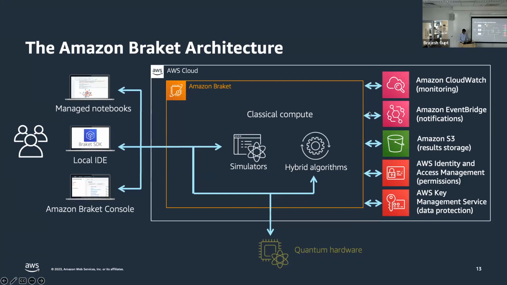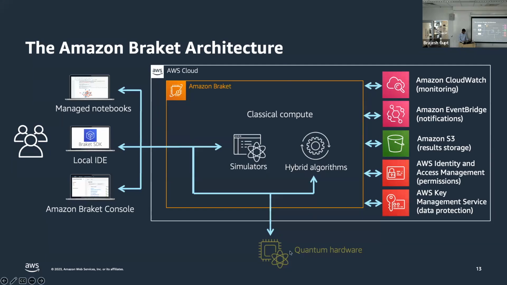Amazon Braket itself, within the cloud, is basically based on classical compute, right? Which has managed simulators to simulate different kinds of quantum circuits, and also a capacity for hybrid algorithms where you can initiate a job instance that can efficiently use the classical and quantum resources to employ a hybrid quantum classical algorithm.